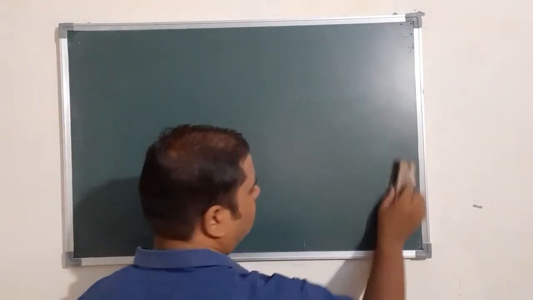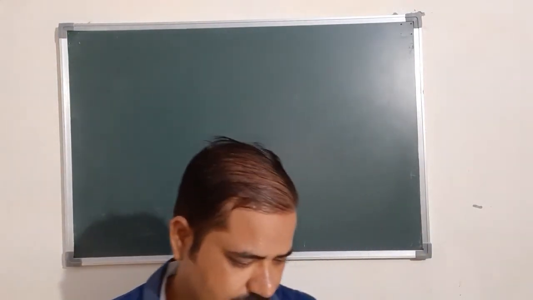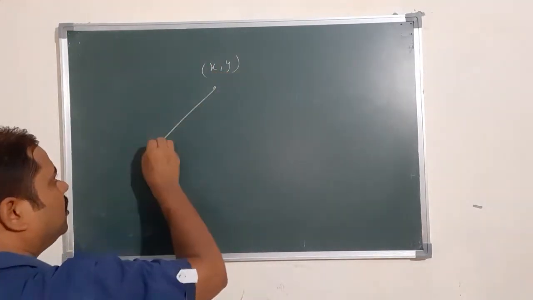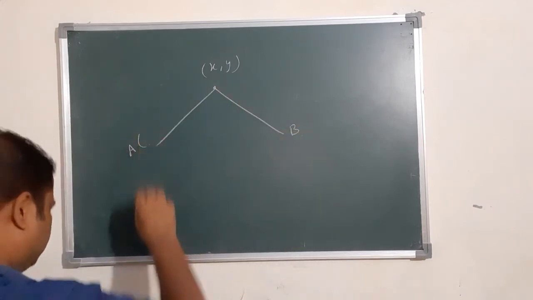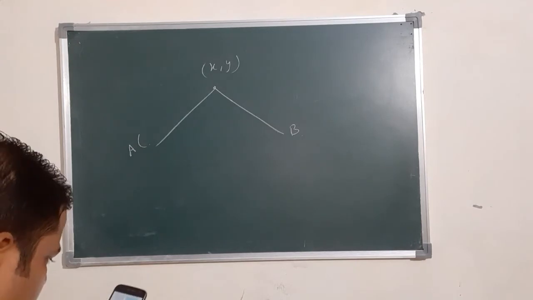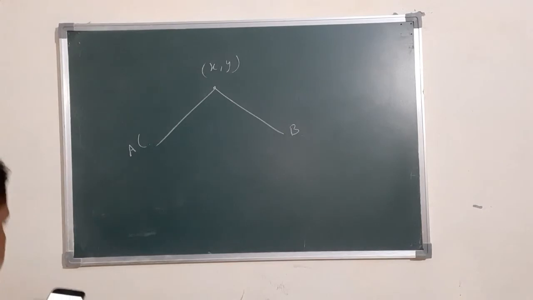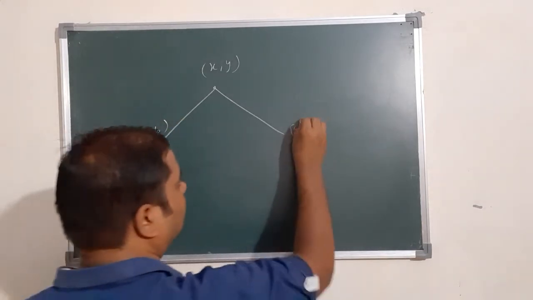Now we are going to solve question number 10, and this is the last question for this exercise. So please try to understand question number 10. Find the relation between x and y such that point (x, y) is equidistant from the points A (3, 6) and B (−3, 4).